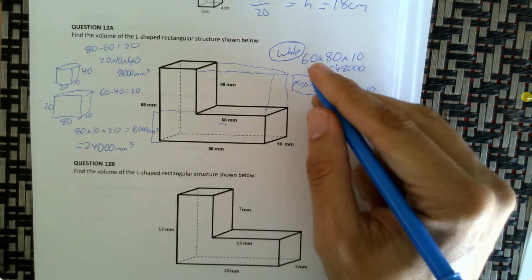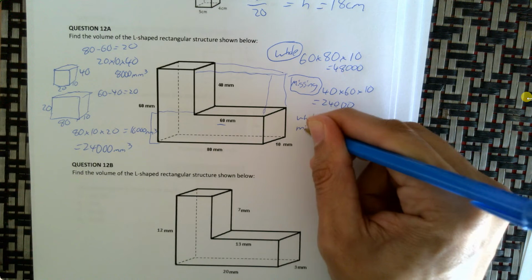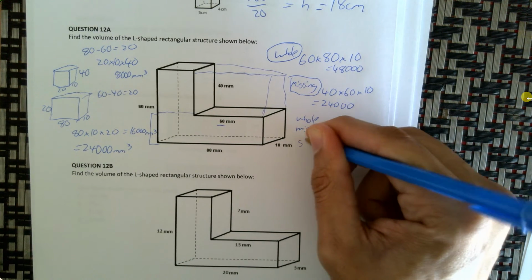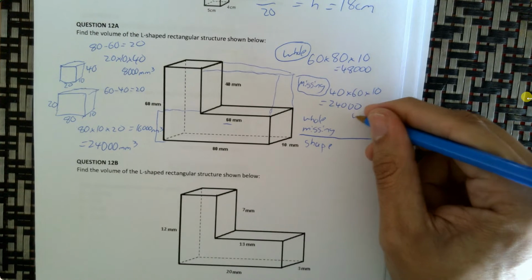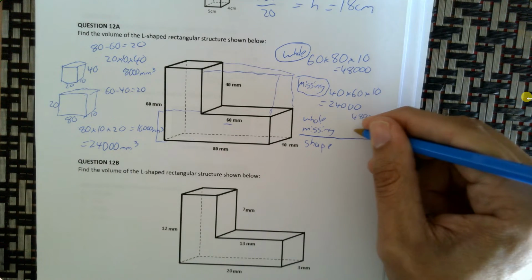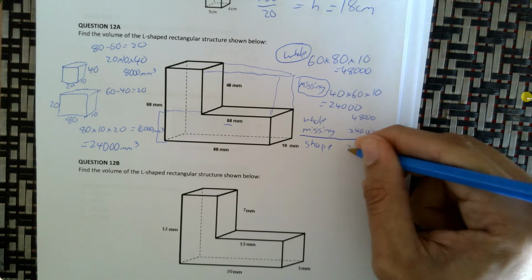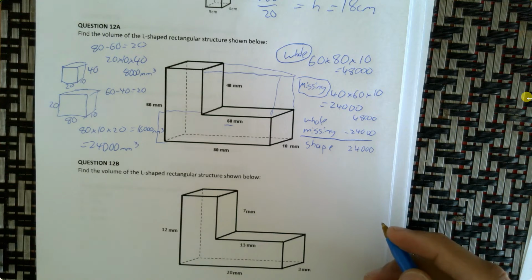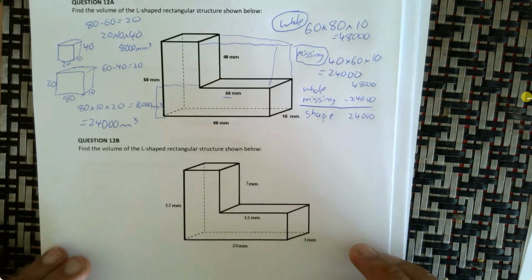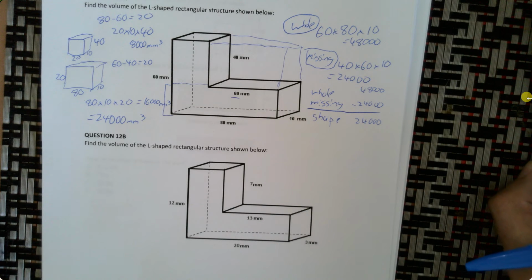Then the shape will be whole minus missing. Whole minus missing equals shape. So that will be 48,000 minus 24,000 equals 24,000. Just simple subtraction there.